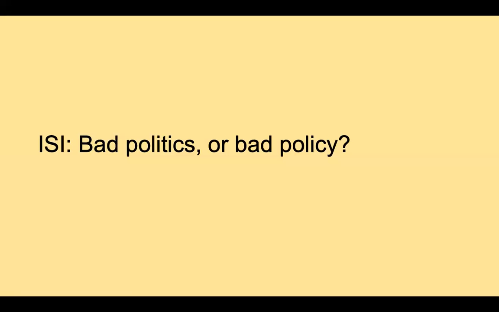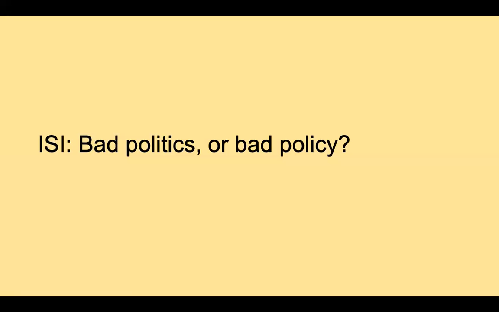And we know that ISI, as a set of policies, was upheld long after its expiration date, so to speak, by precisely those social classes and those political actors who benefited from the system and who were also in a position to strike down or block any effort to change the policies.